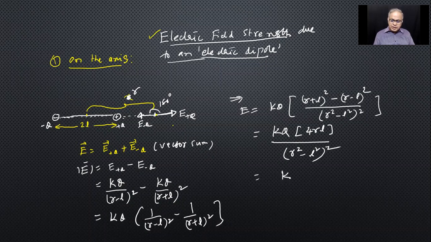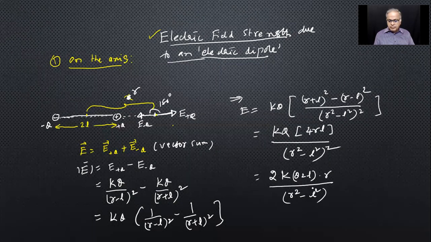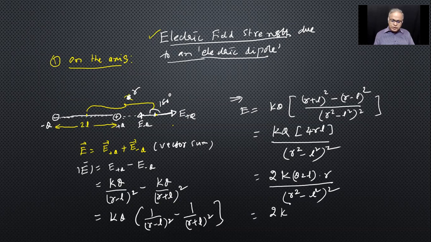This also I'll write as k into q into 2L into 2 into R by (R square minus L square) whole square. This is 2 into k into p into R, where q into 2L is p.